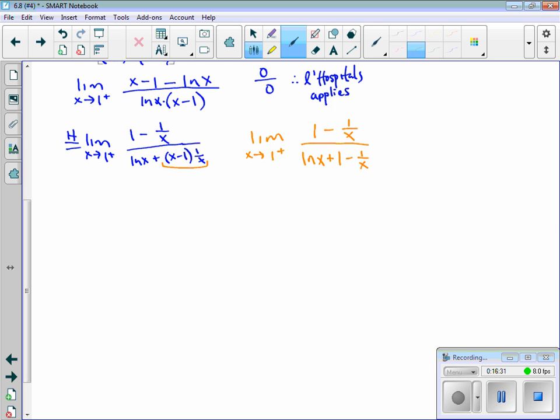If you left it like this, how many people left it like this and tried to apply L'Hopital's there? Okay, and you can. It just might not be as clean looking, or it might make it a little more difficult of a problem. There's a couple ways you can clean up this fraction within a fraction. There's the long way and there's the short way.